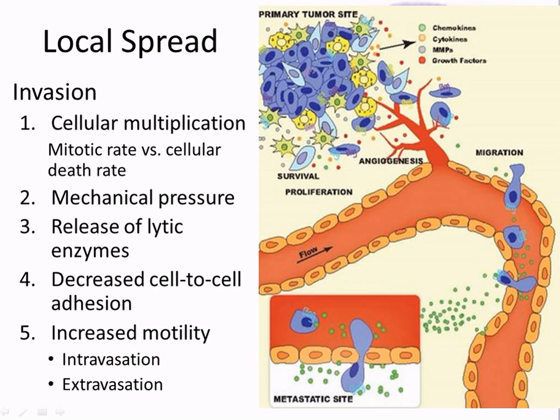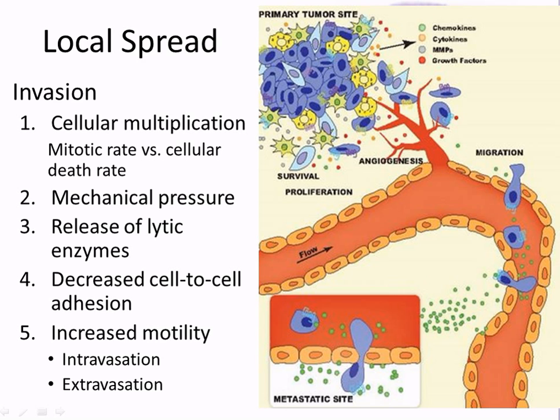As it's doing that, it releases these lytic enzymes. Lysis, or lytic, digesting, breaking down. So it's breaking down all of the cells in its neighborhood, destroying them to move into that tissue. And the same thing happens when it breaks free initially. It releases these lytic enzymes to start spreading its way out.